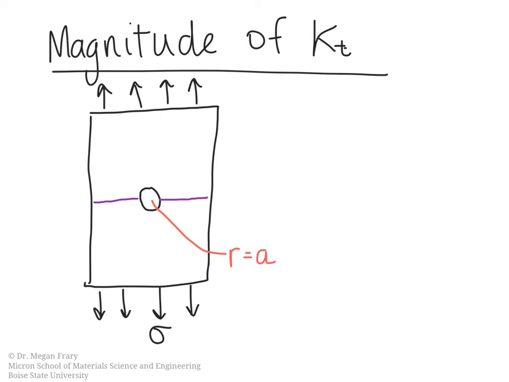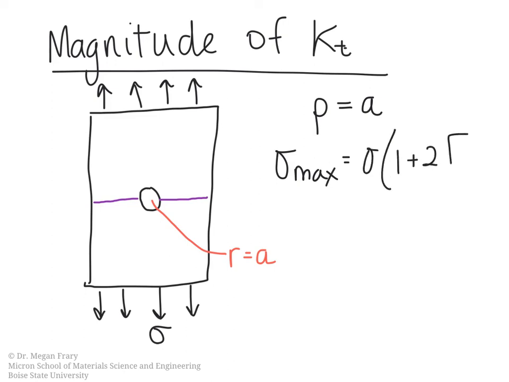The radius of curvature is equal to a, and sigma max is equal to the stress times 1 plus 2 times the square root of a over a. That is just equal to 3 times sigma. So the maximum stress that we find is 3 times sigma.